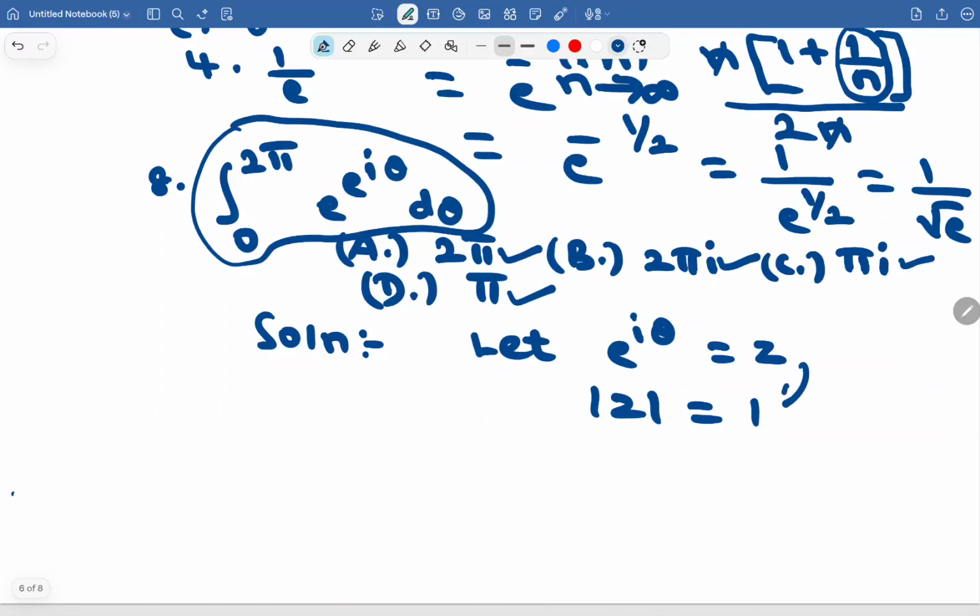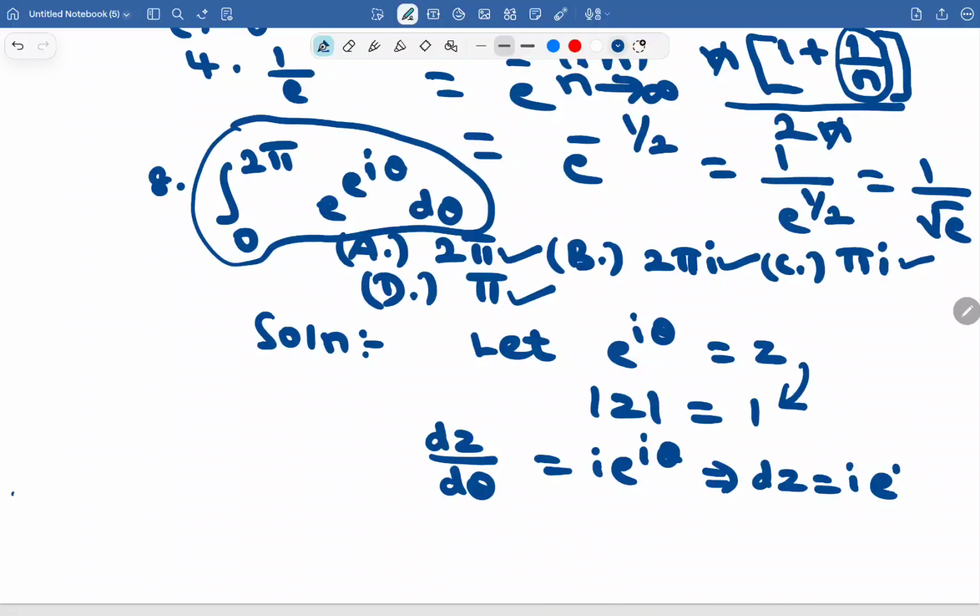If we take e power i theta as z, mod z value is 1. dz by d theta is equivalent to e power i theta into i, which implies dz equal to i e power i theta d theta, that is i z d theta.